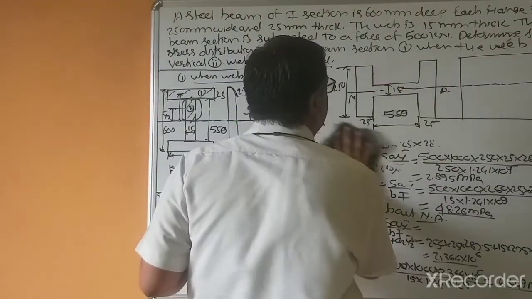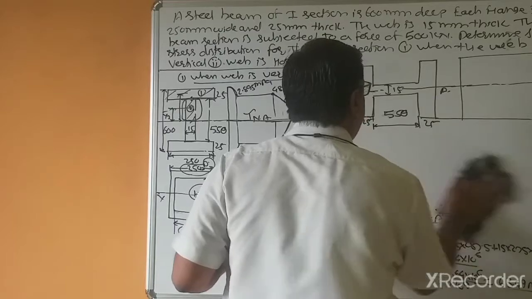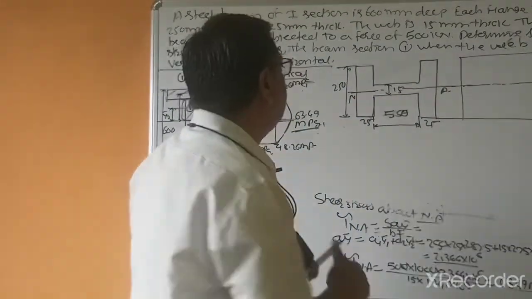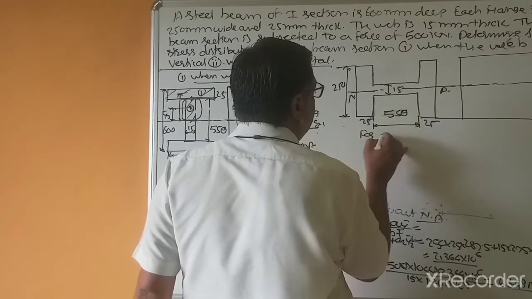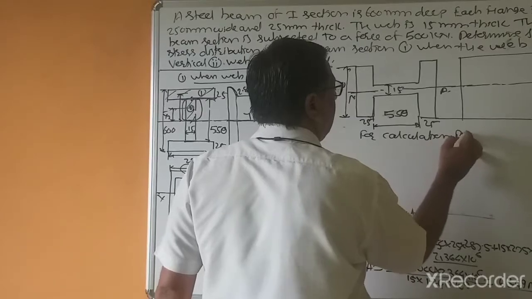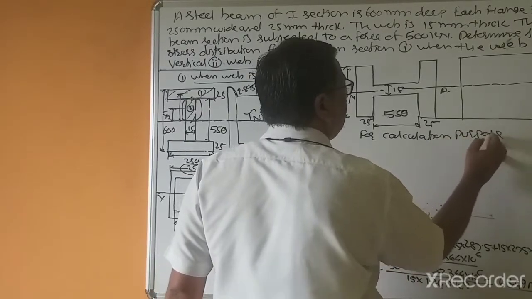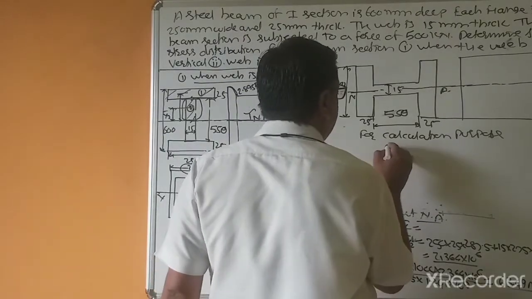So that's why, for understanding purpose, can we modify? So for calculation purpose, this is my own method. So please try to understand this.